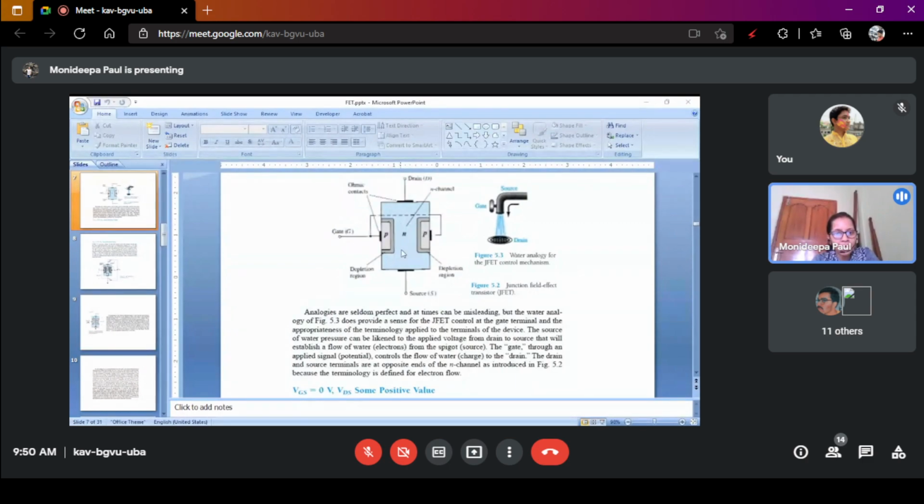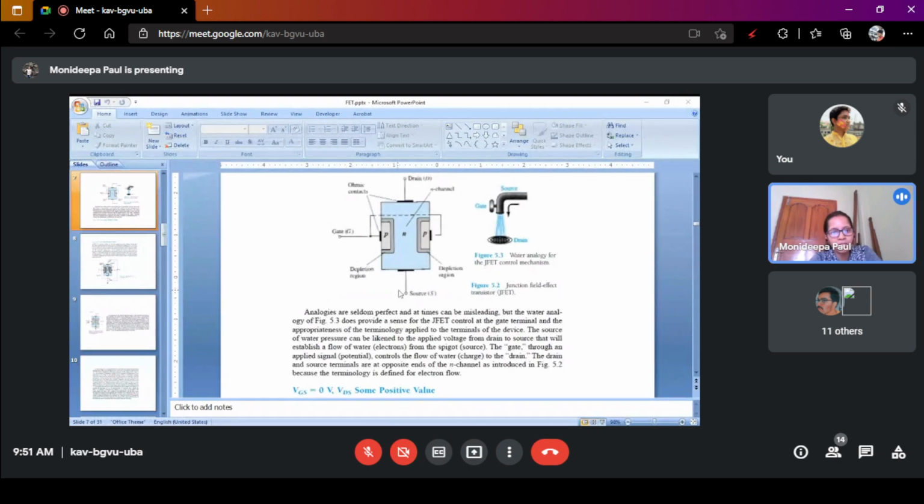Actually, the flow of current through the channel is restricted by the depletion region. That means the depletion region offers resistance, or an obstruction, against the flow of current through the channel.